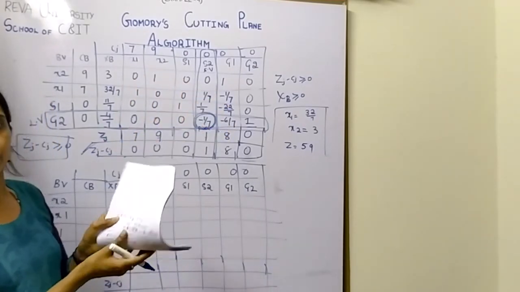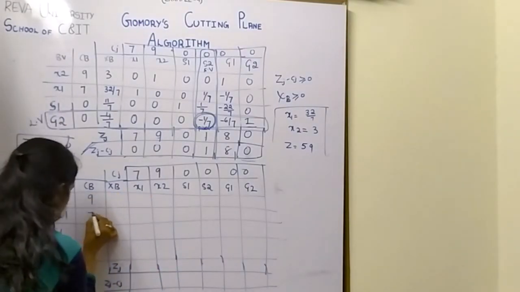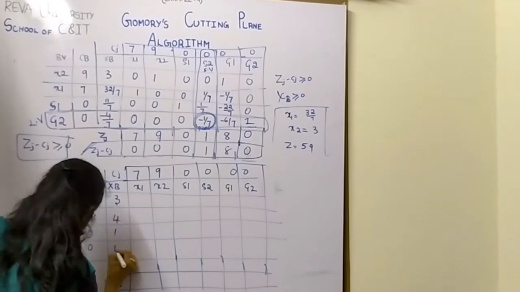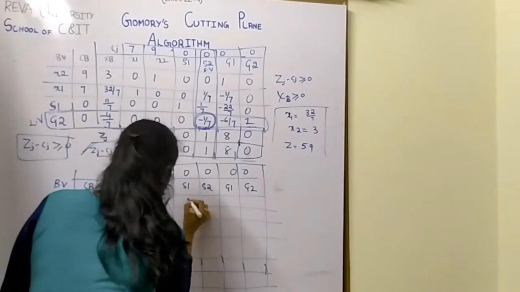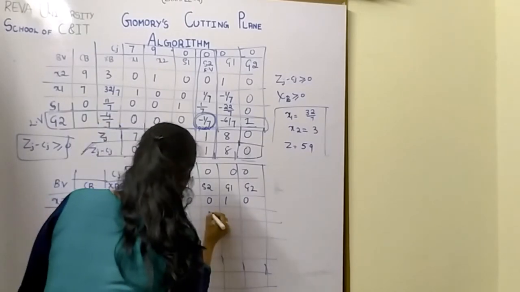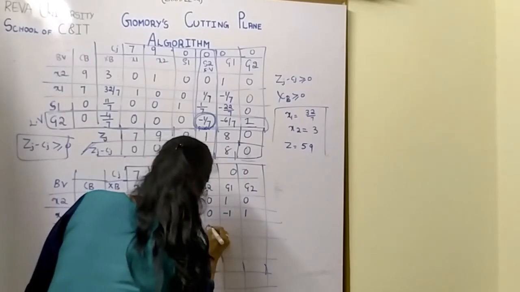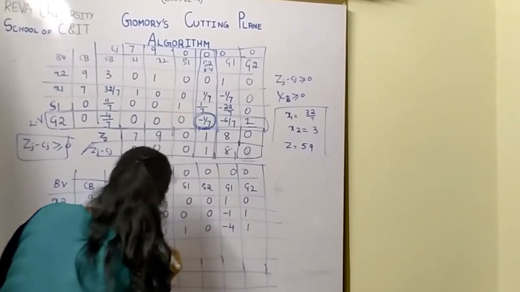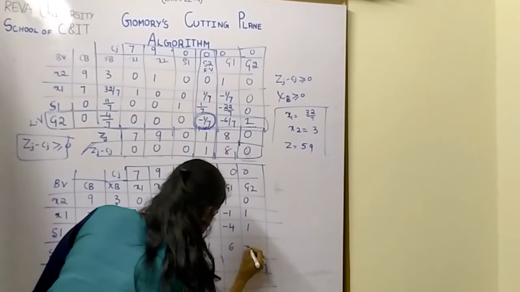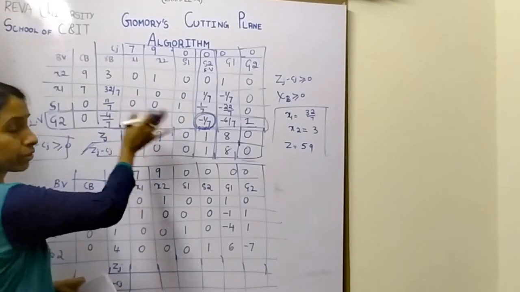Find out all the values and I will be writing directly the answer here. 9 you will get 7, 0, 0. 3, 4, 1, 4. 0, 1, 1. 0, 1, 0, minus 4, 1. So 4, 0, 0, 0, 1, 6, minus 7. This is the answer you will get after using the two formulas.